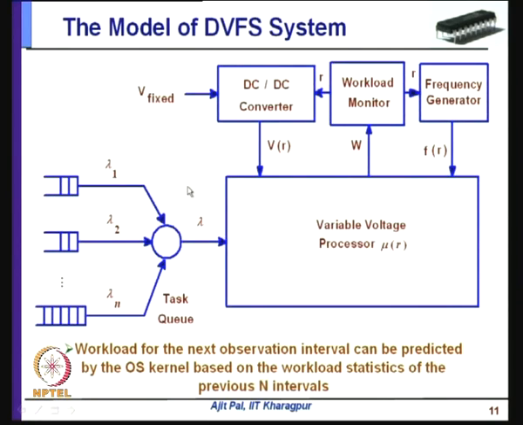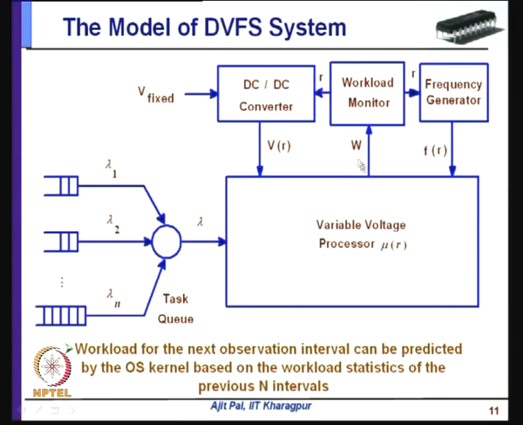And this is the model of the dynamic voltage and frequency scaling system. As you can see here, this is the variable voltage processor, which can operate at different voltages and frequencies. The processor has been designed that way. Transmeta's Crusoe processor, or many other modern processors, have been designed which can operate at different voltages and frequencies.